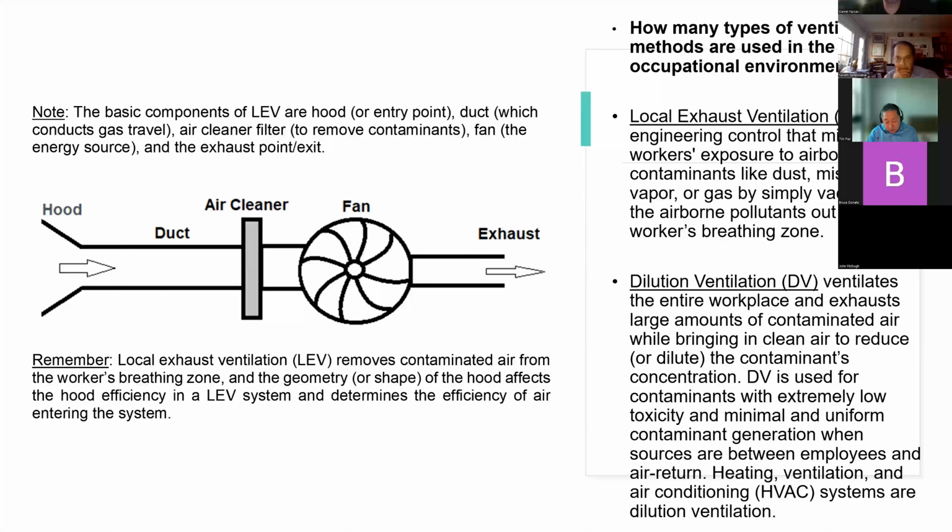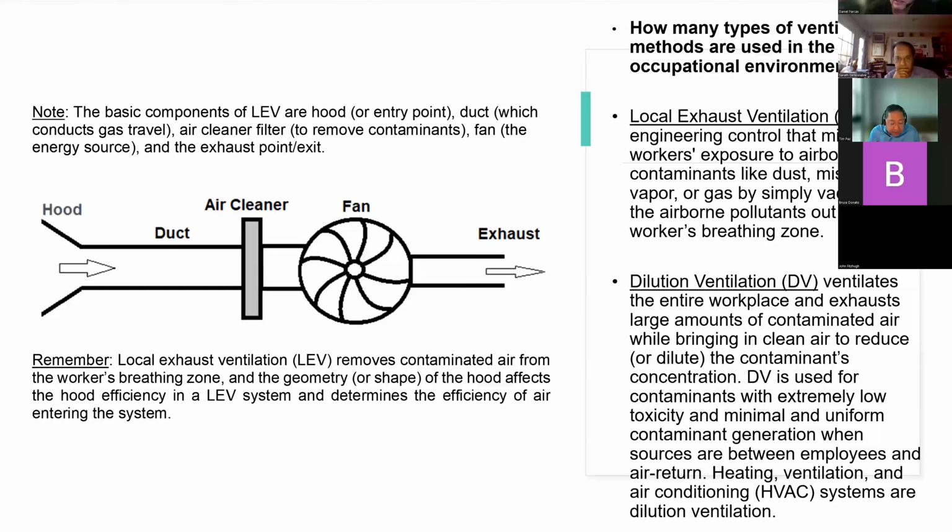The second is dilution ventilation, which ventilates the entire workplace and exhausts large amounts of contaminated air while bringing in clean air to reduce or dilute the contaminant concentration. This is the part employers don't like because it's very expensive.